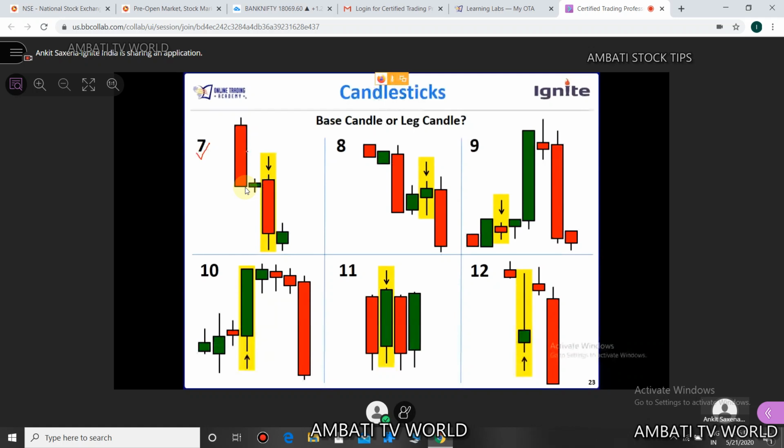Let's come to the seventh picture. The seventh picture is again leg. Eighth picture. Yes, this is again base.